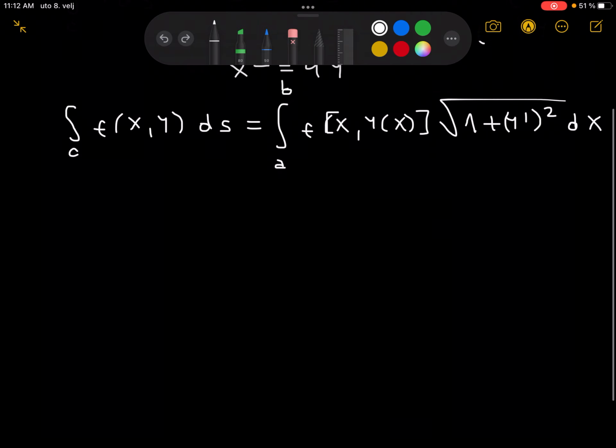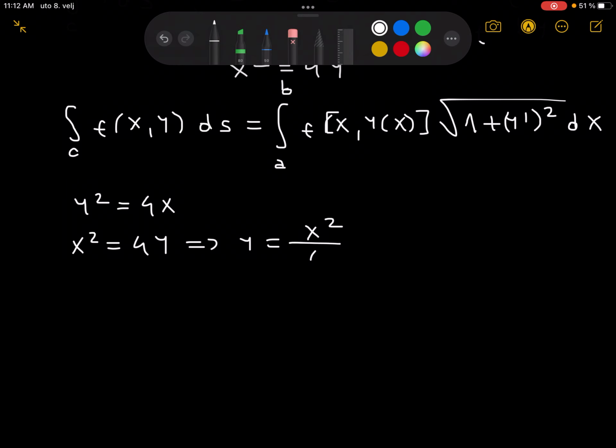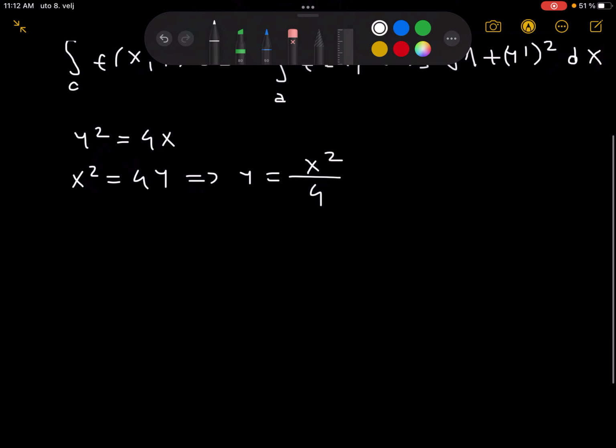So y squared is equal to 4x and x squared is equal to 4y. From here it follows that y is equal to x squared over 4, and when we square both sides we get that y squared is equal to x to the 4th power over 4 squared, which is just 16.